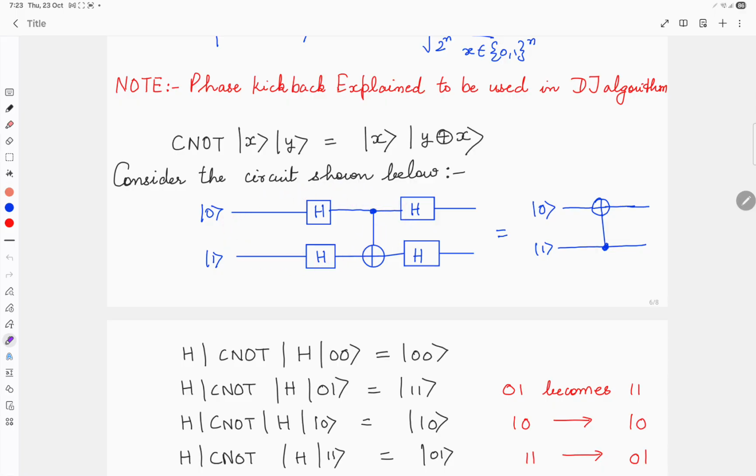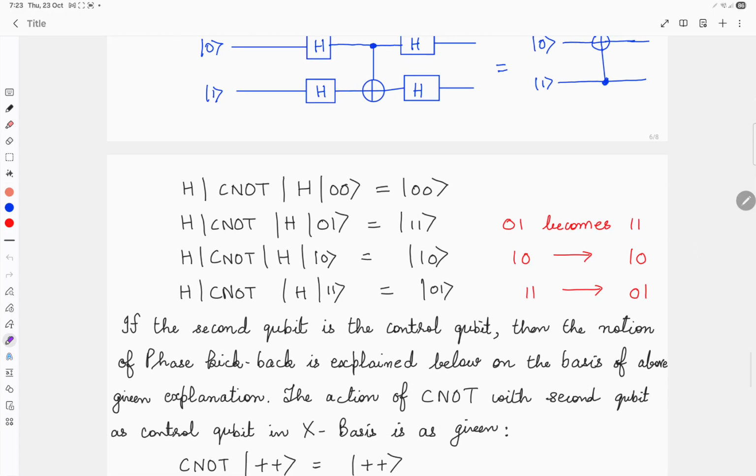This whole circuit is equivalent to this circuit, in which this is a CNOT gate, but just the role of the control and the target is reversed, right? In this case, our second qubit is the control qubit and the first qubit is our target qubit. So what happens here?